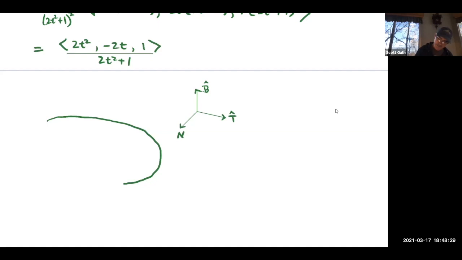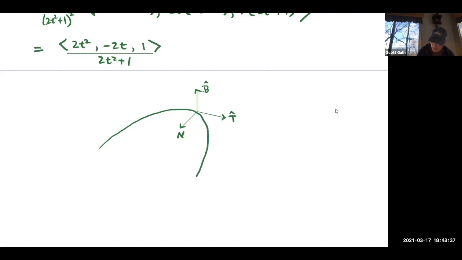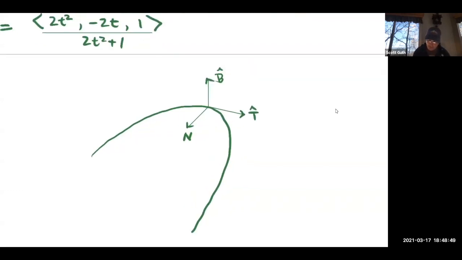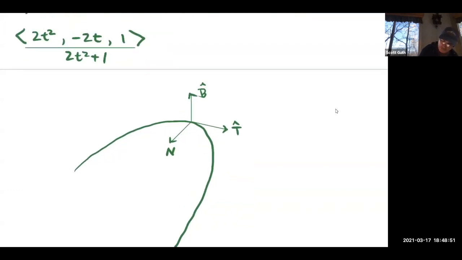I don't like that. Let me move that around a little so that it gives a good tangent vector. That's pretty good right there. Remember, these are perpendicular to each other.